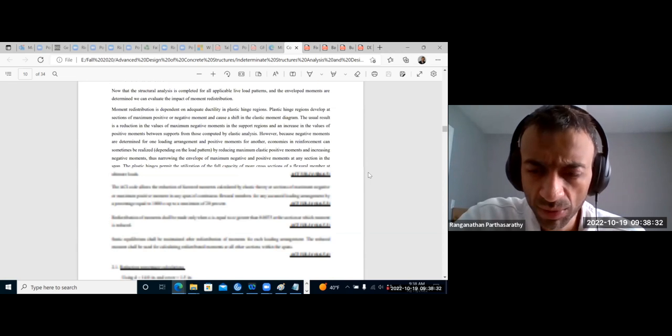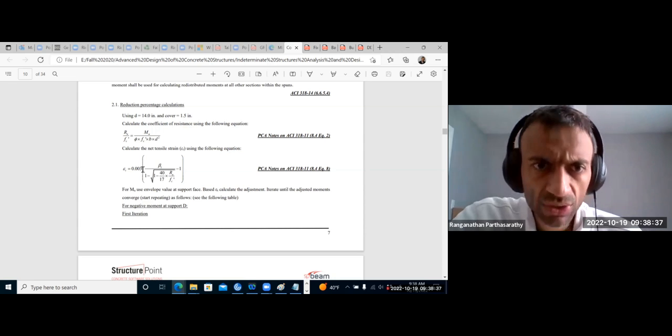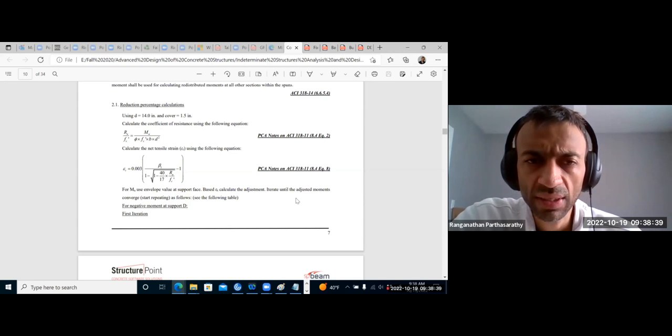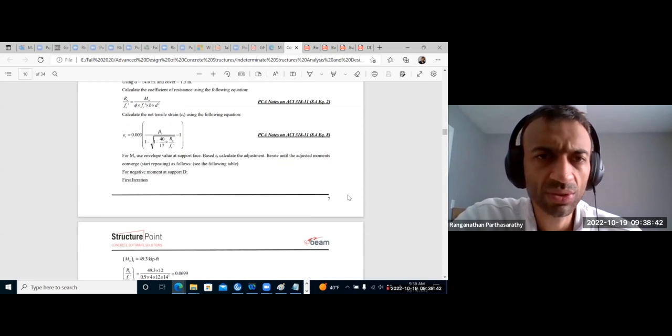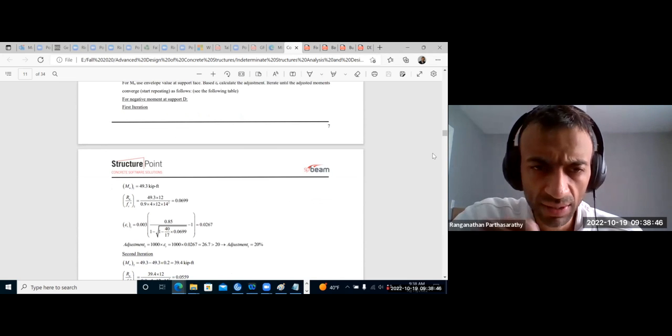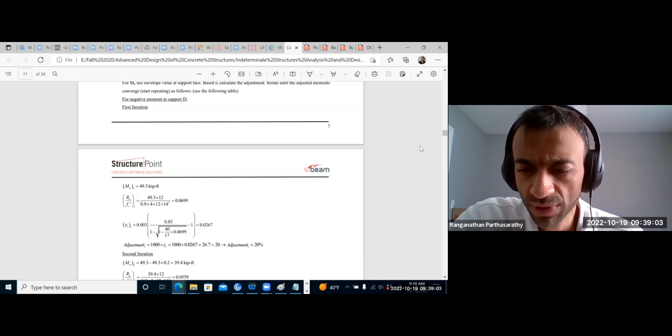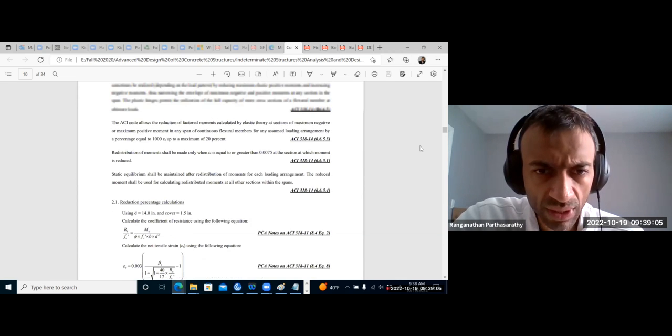So how are we doing the moment redistribution? First we need to calculate the net tensile strain. Don't worry about this formula. You can do it by our usual method, how we did it in undergrad. So this is our strain, right? 0.0267. Our Mu value that we started with was 49.3 kip-feet.